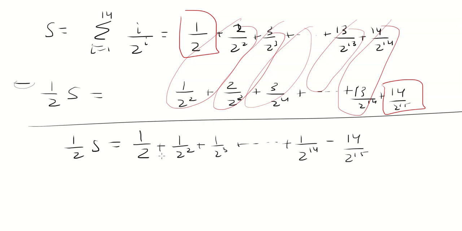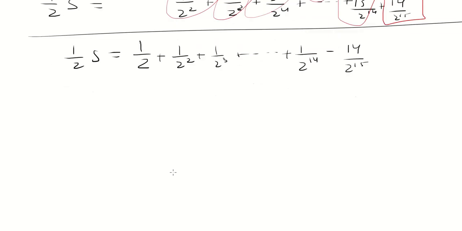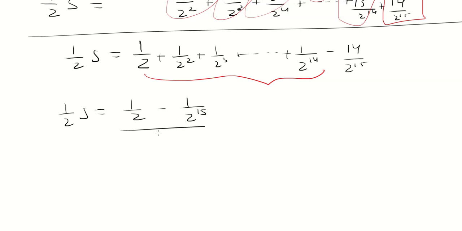And so now this is a geometric sum, or series, at least this part right here. So the formula is going to be the first term minus the omitted term, which is the term that comes after the last one. So just multiply that by 1/2, divided by 1 minus the ratio. And here I can factor out a 1/2.